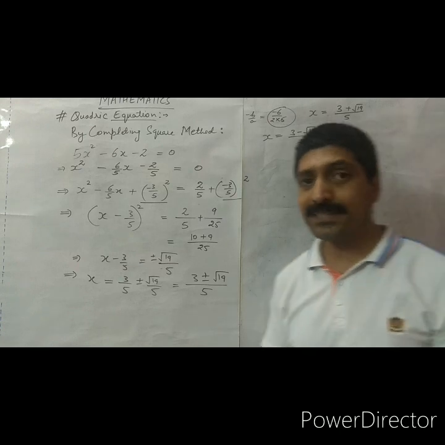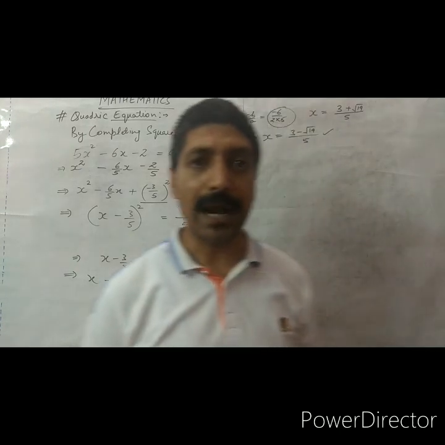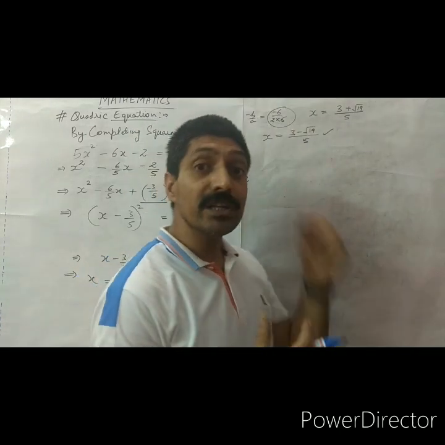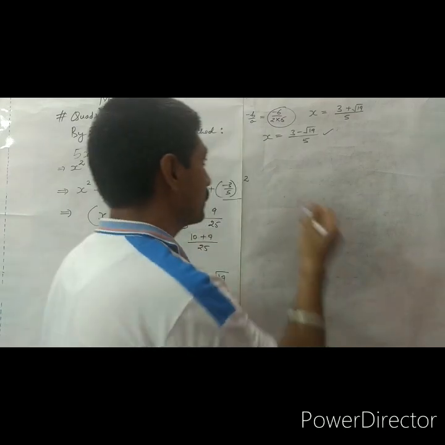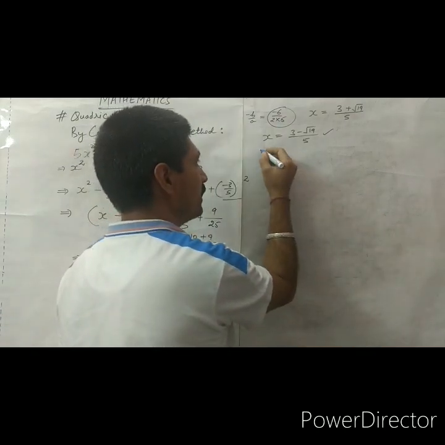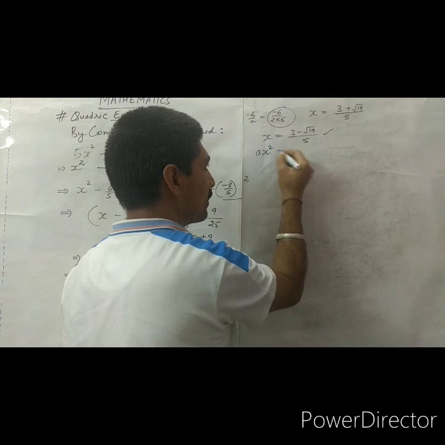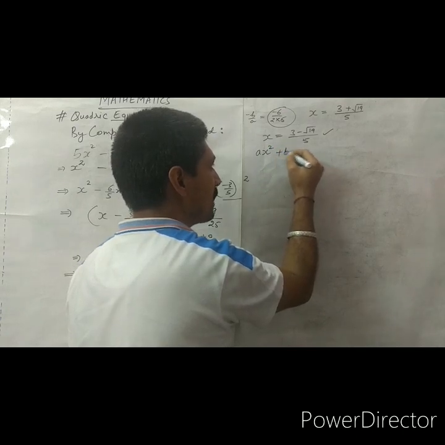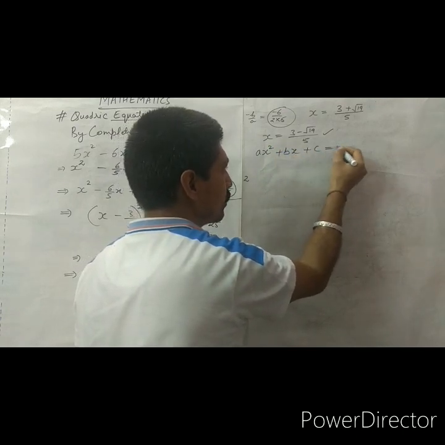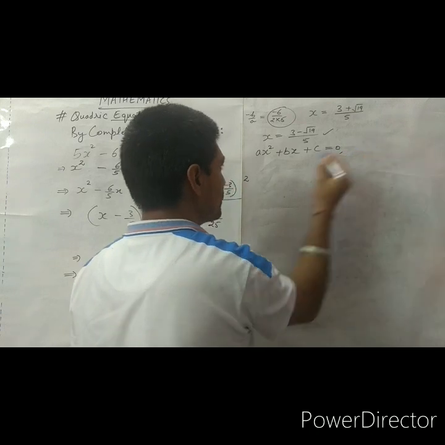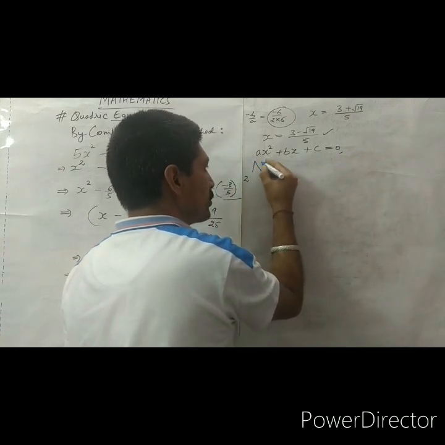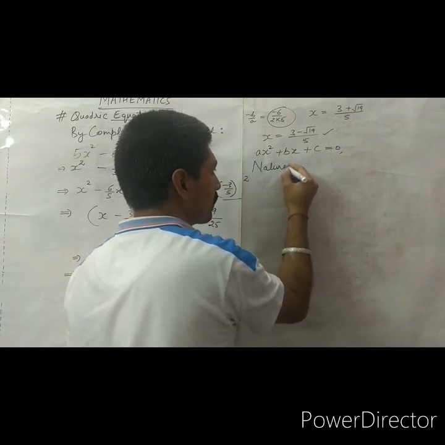Now the next topic is the nature of roots. If a quadratic equation is given, ax square plus bx plus c is equal to 0, then we will discuss the nature of roots.